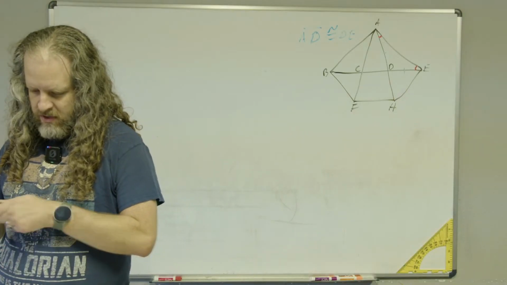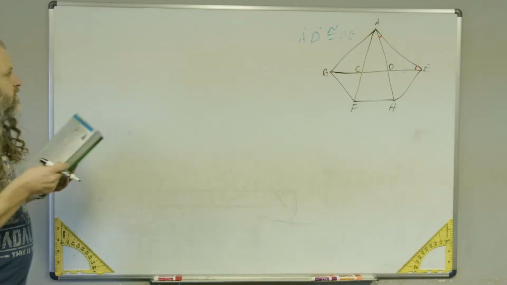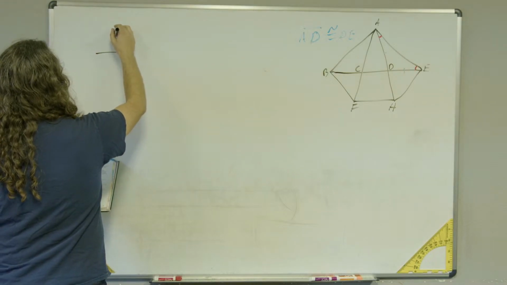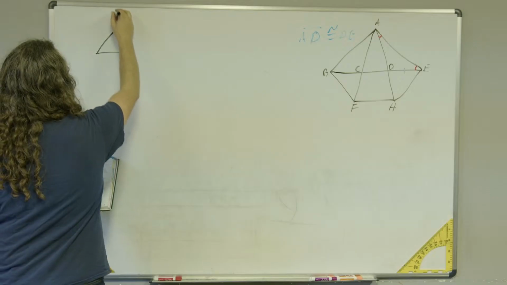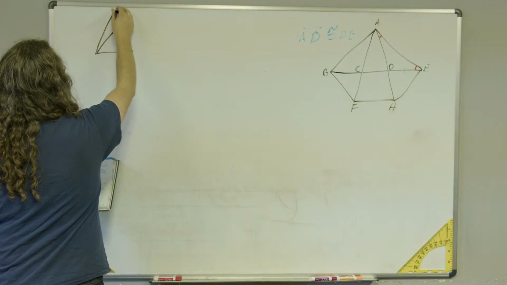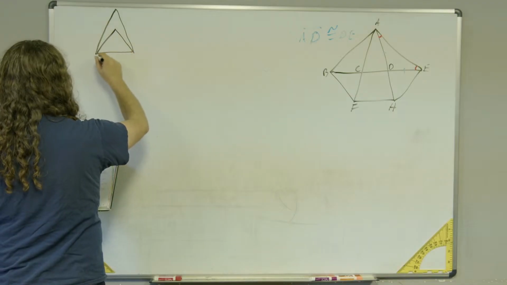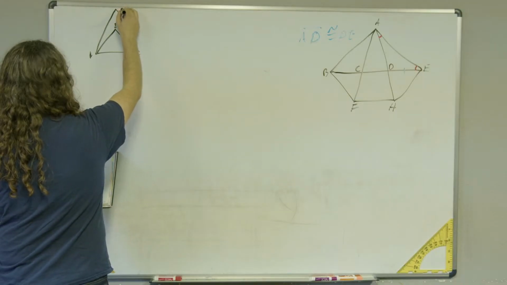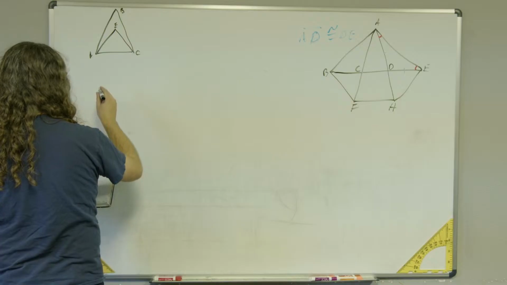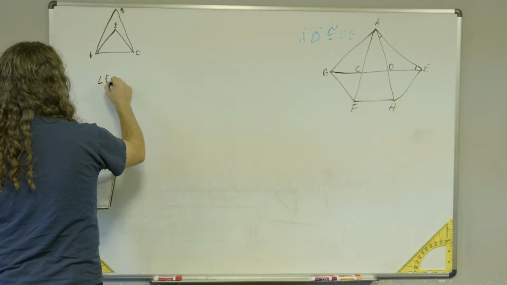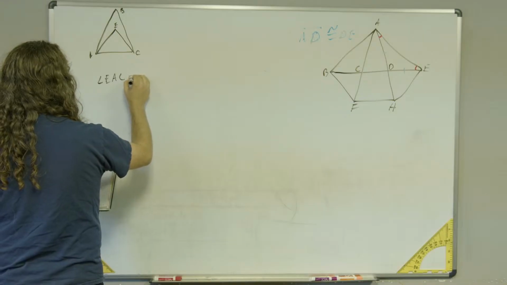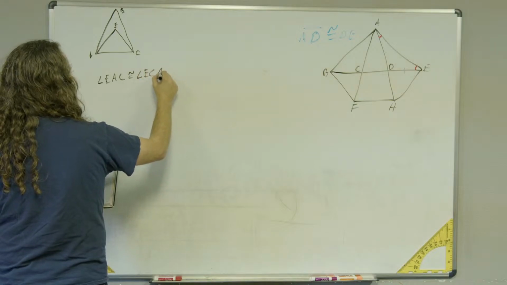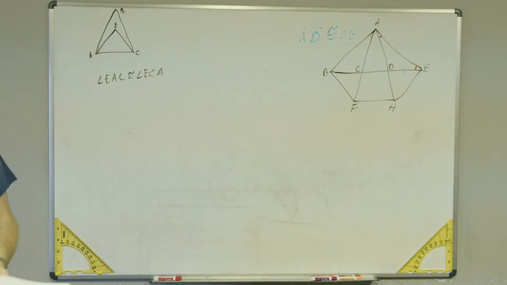Number 2 has got a picture that looks like this. And it says if angle EAC is congruent to angle ECA, name two congruent segments.